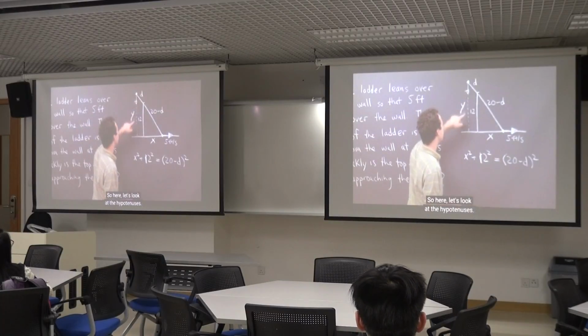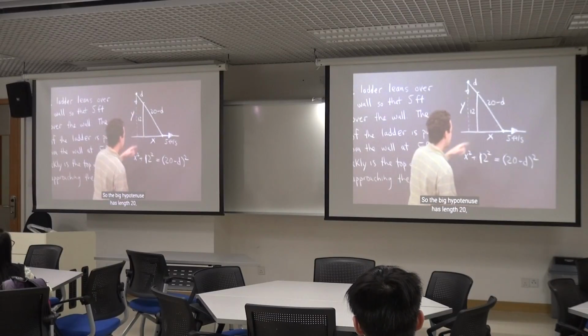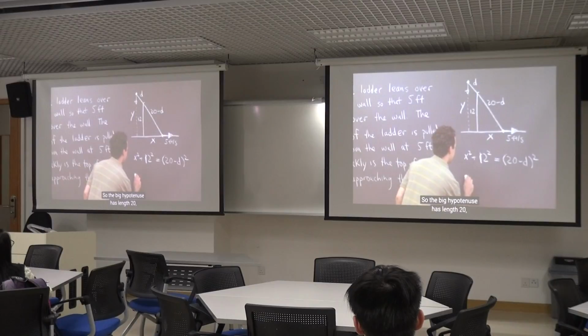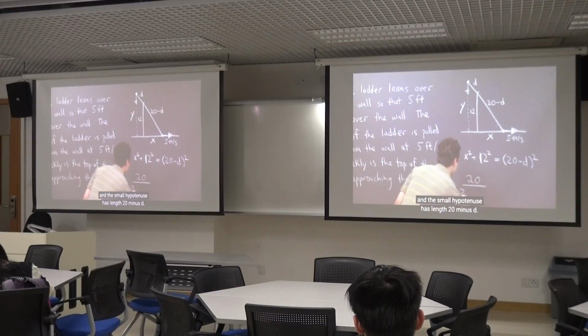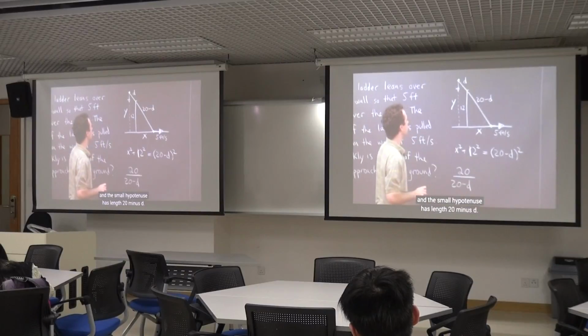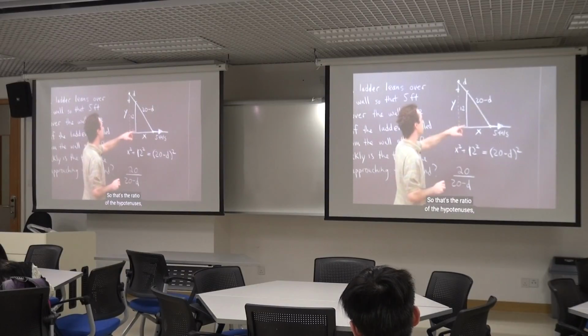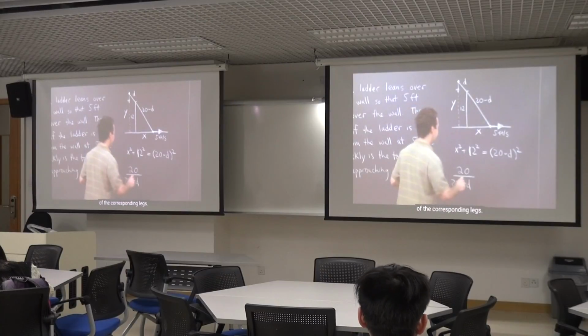So here let's look at the hypotenuses. The big hypotenuse has length 20, and the small hypotenuse has length 20 minus d. Good, so that's the ratio of the hypotenuses, and that has to be equal to the ratio of the corresponding legs.